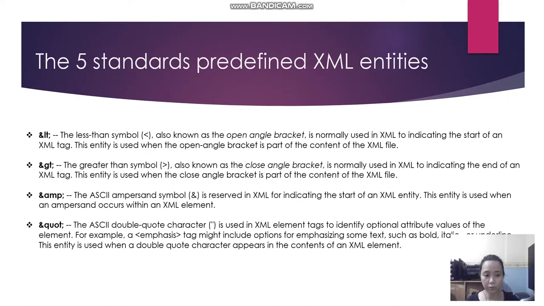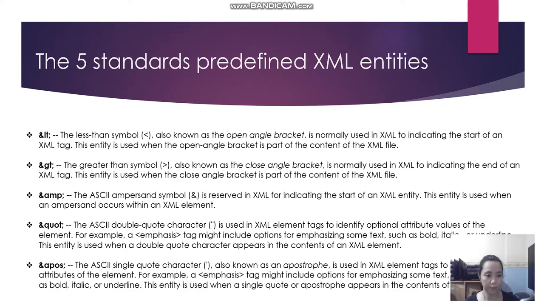And &quot;, the ASCII double quote character, is used in XML tags to identify the optional attribute values of the element. For example, an emphasis tag might include options of emphasizing some text such as bold, italic, or underline. This entity is used when a double quote character appears in the content of an XML element.